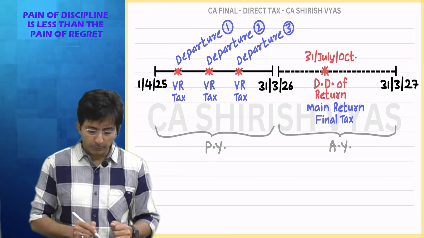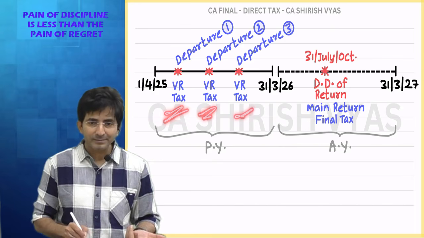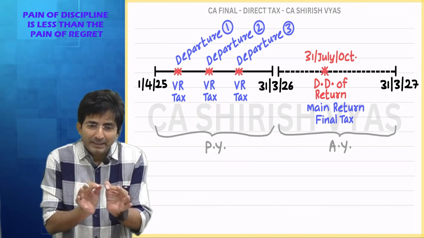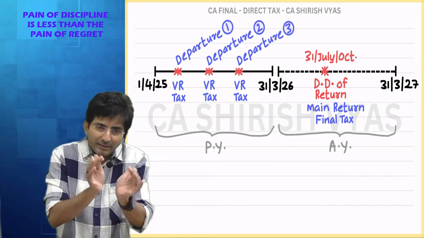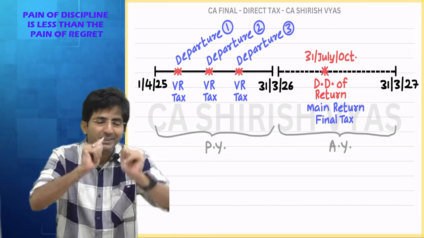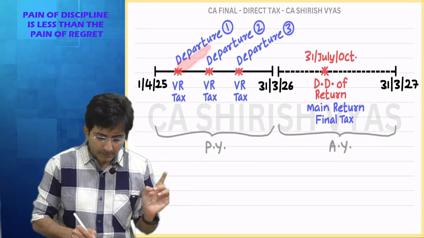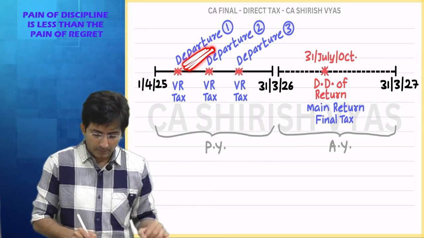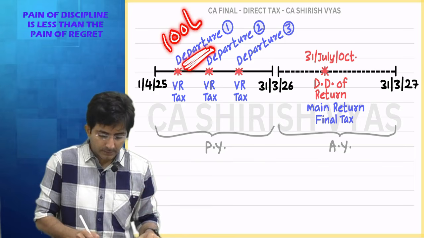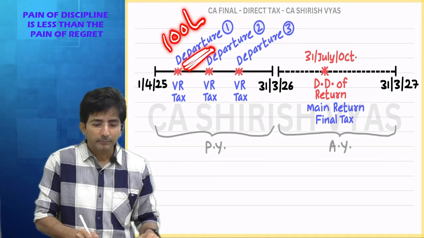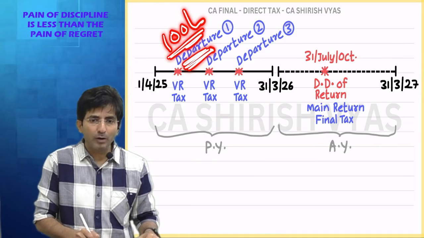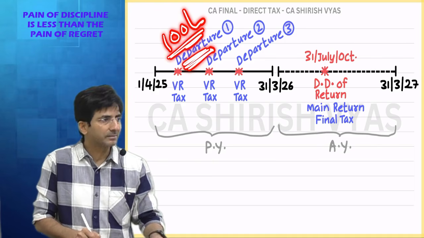See, you might be thinking, sir, so many times you will pay tax. See, every time you pay the tax, it is a tax on that departure's booking. Like, for example, in this departure, there was a booking of 100 lakhs. So you pay tax only on bookings of 100 lakhs.